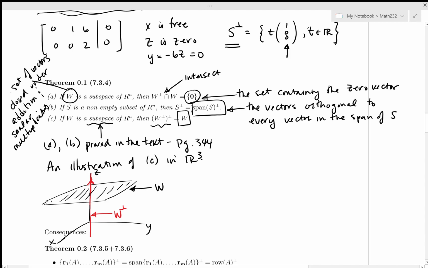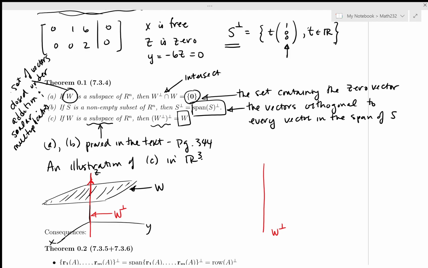Okay, then I do the reverse thing. I take that line, the z-axis, and I'm going to call it W perp, but I'm thinking of it as a line. Then I'm asking, what do all the vectors look like that are perpendicular to that line?